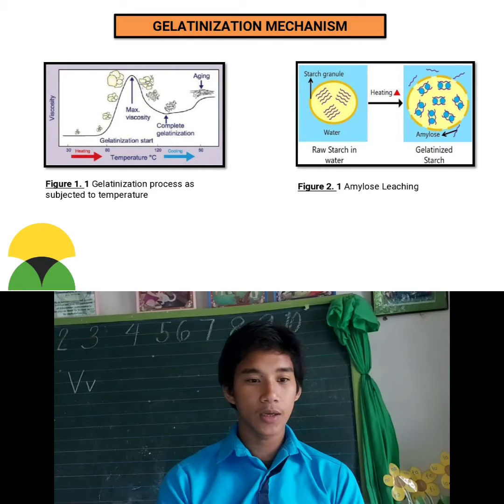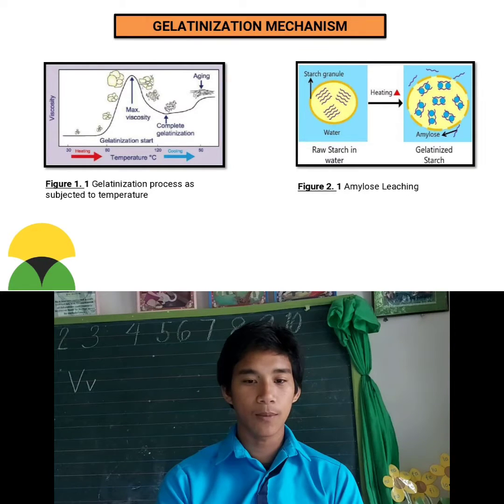As you can see in figure 1, starch granules swell when heated in water at 50 degrees Celsius or above due to the entry of water molecules into the amorphous space. On heating, the starch granules absorb water and swell irreversibly.